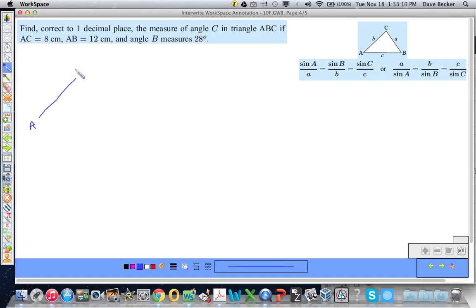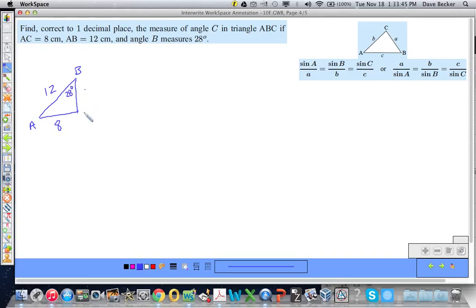A, B, so that's 12. Angle B measures 28 degrees. And AC equals 8, so that seems about reasonable. So this is 8, and angle B measures 28 degrees.